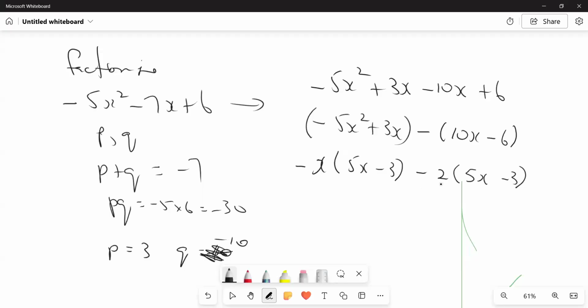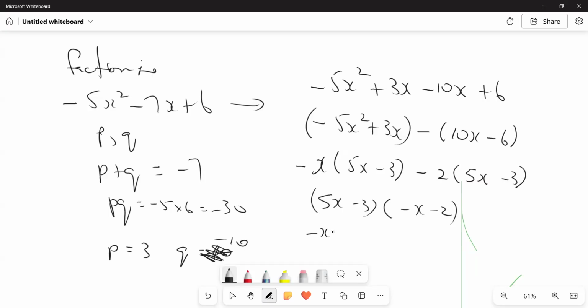All right. So this is what you'll get now. You end up with 5x minus 3 bracket minus x minus 2. But this is not done here. You can actually take out minus 1 from here, right? Let me write this the other way around.